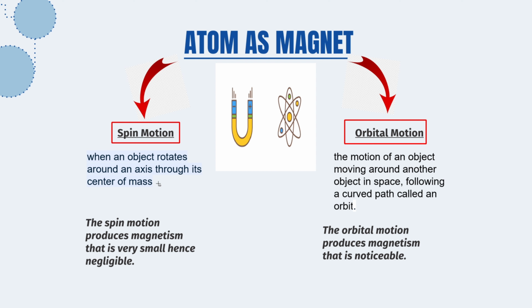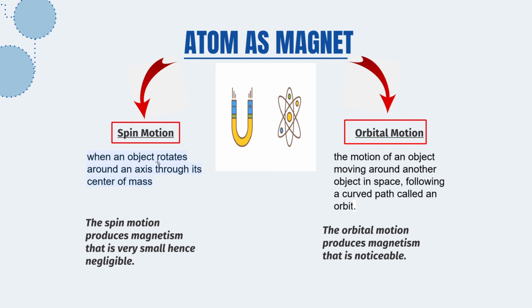When a body rotates about its own axis, this is what we refer to as spin motion. On the other side, the motion of an object moving around another object in space following a curved path is called an orbit. When an electron is revolving around the nucleus in a circular path, that motion is considered orbital motion.